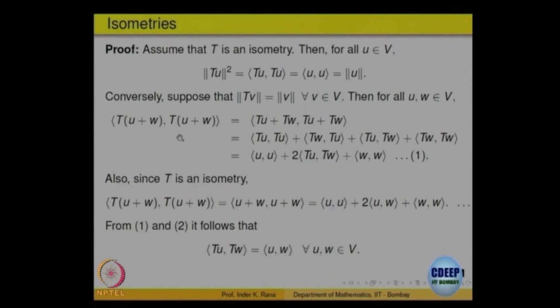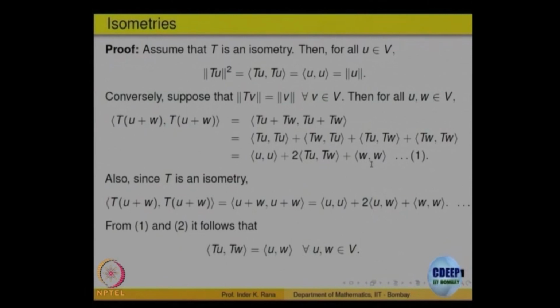So, if I take this, then this is 4 terms, that is okay, but this is norm of u square and this is norm of w square. So, what do we get?